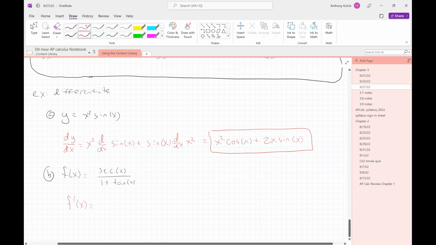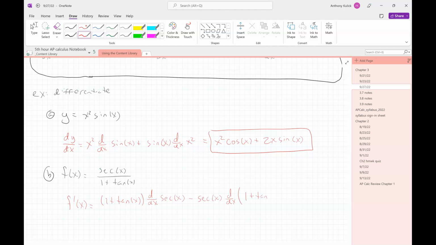Quotient rule. Great. So the denominator times the derivative of the numerator minus the numerator times the derivative of the denominator, all over the denominator squared.